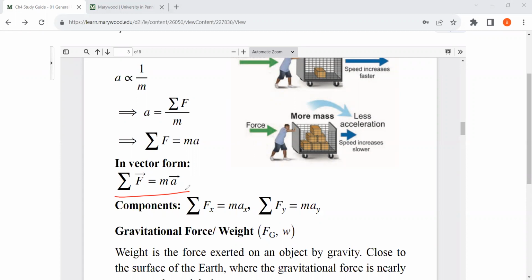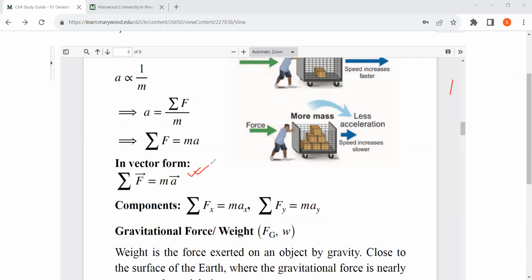Okay, so this is the correct form, but this is the vector form. We can use the vector form, but it is difficult when you solve some problems.